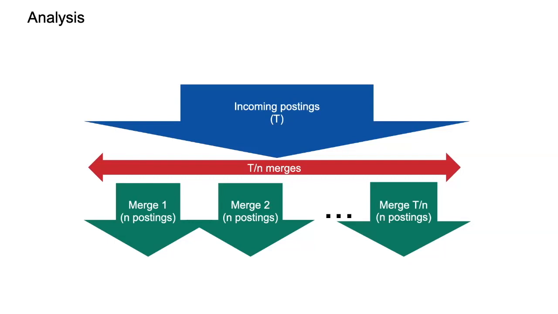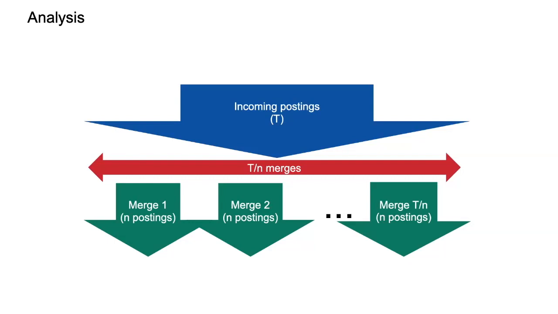Maybe it's easier, and this is what I do to not get confused, to just imagine made up numbers. So let's say that, for example, T is 1 billion, right? So we have in total 1 billion tokens. And imagine that each one of my auxiliary indices, I merge it after 1 million tokens, right?